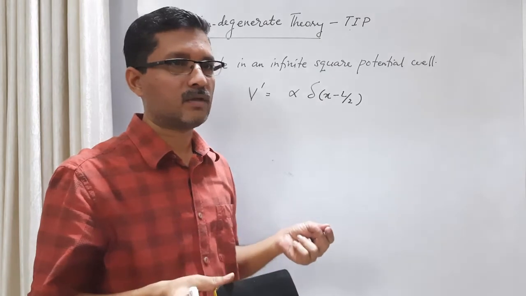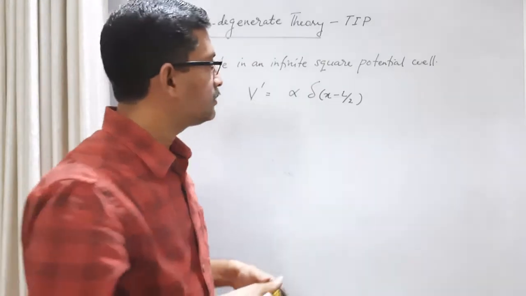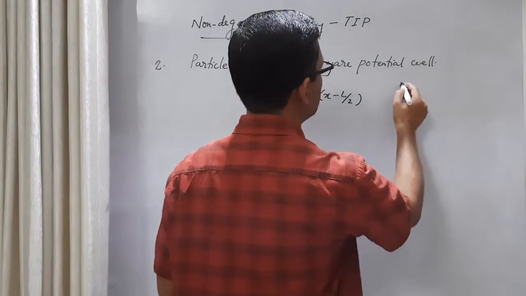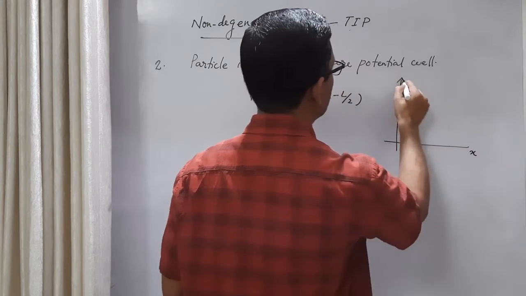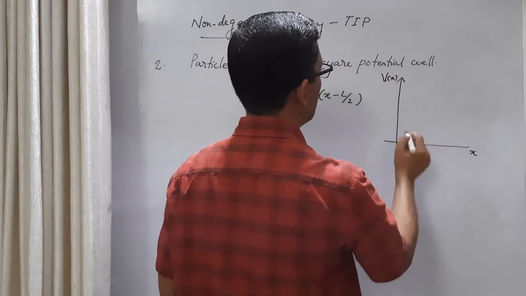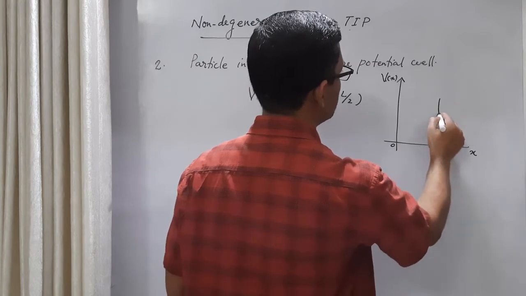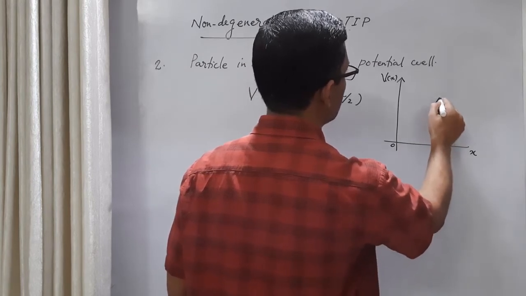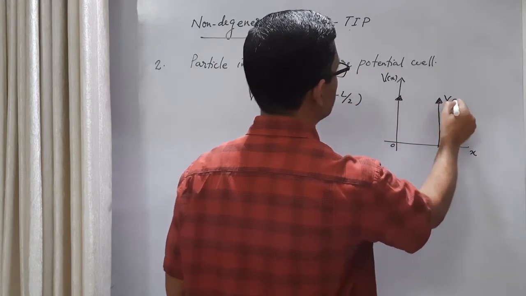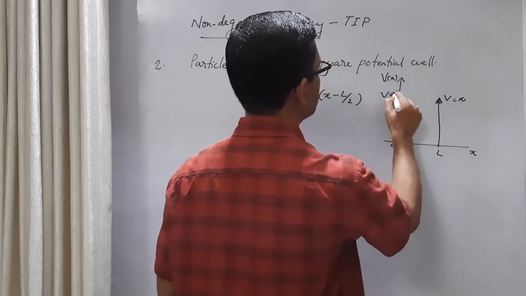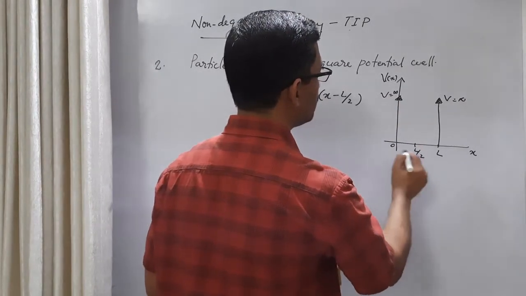It is the center of that box. Okay, so if you plot it, it will be like this. This is x equal to 0, x equal to L. So this is your potential well. Okay, this is V equal to infinity here at x equal to 0 and L, and this is L by 2, right?